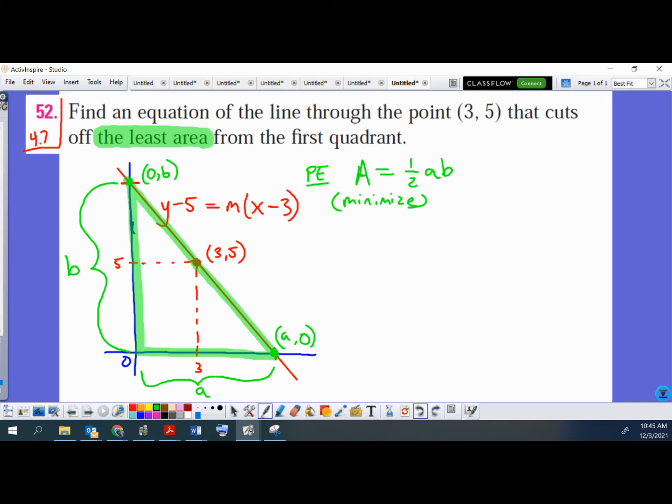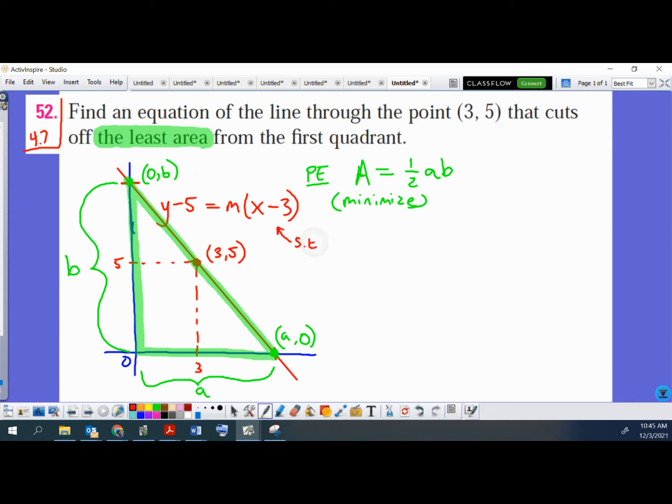Now, A and B and 0, the zeros there, those are x and y coordinates of points that are on that line. So I can actually plug those in. I will also point out that M is the slope of the line, and we can actually write M in terms of A and B if it would be helpful. So maybe it will. I'll just make a note of that while I'm thinking of secondary equations. So this is a secondary equation.